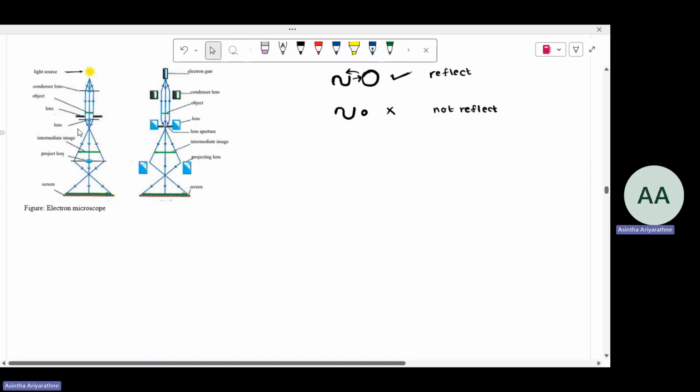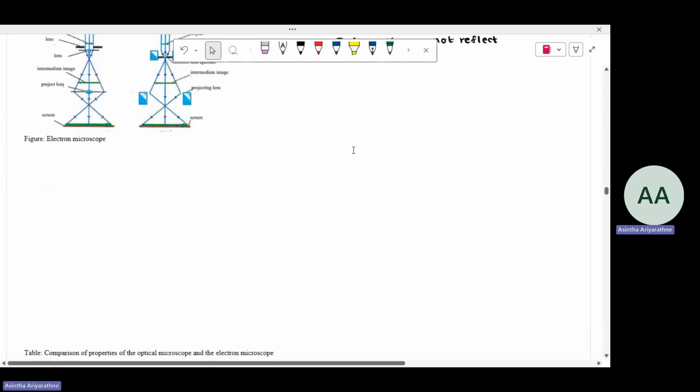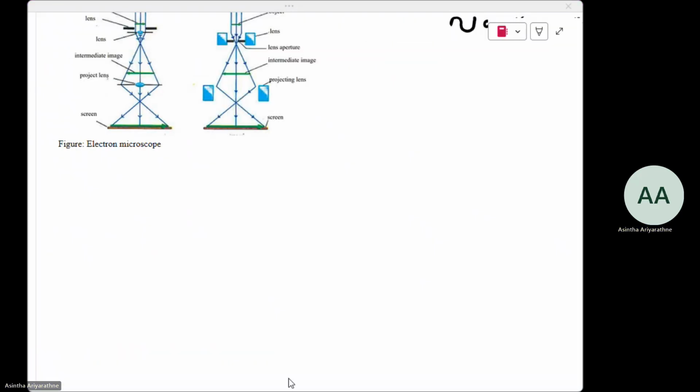So same concept, only the difference is that here highly accelerated electrons are used, and the lenses are not glass optical lenses, they are electromagnetic lenses. Right, so now let's consider some electrons.